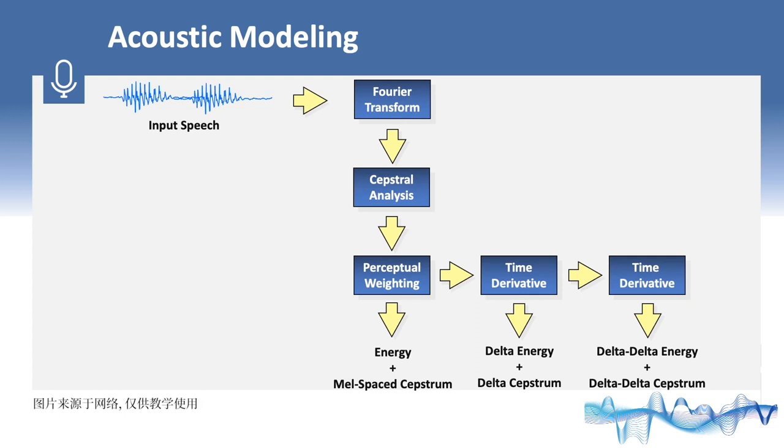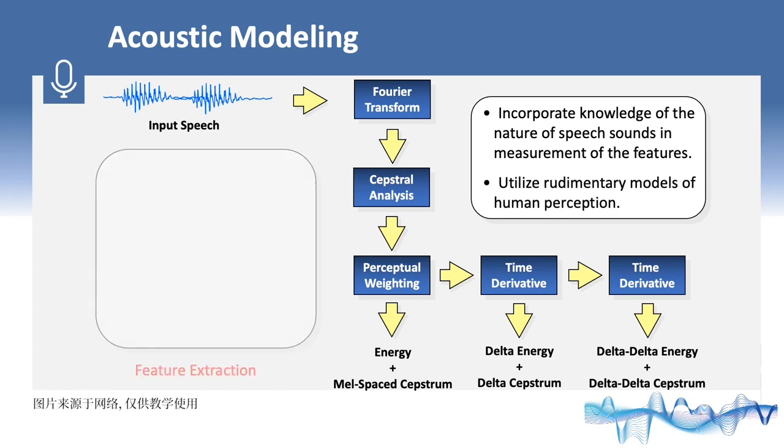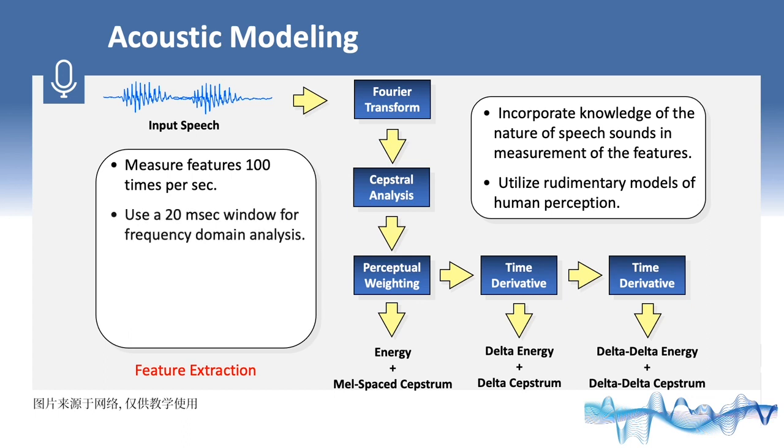Feature extraction in acoustic modeling incorporates knowledge of the nature of speech sounds by utilizing the models of human perception. Typically, it measures features 100 times per second from the input speech and uses a 20 millisecond window for frequency domain analysis.